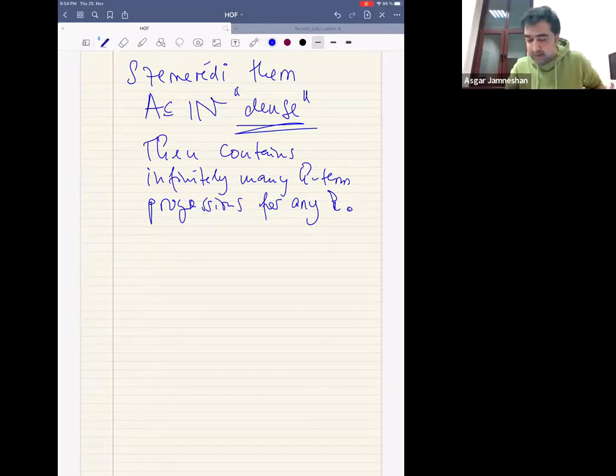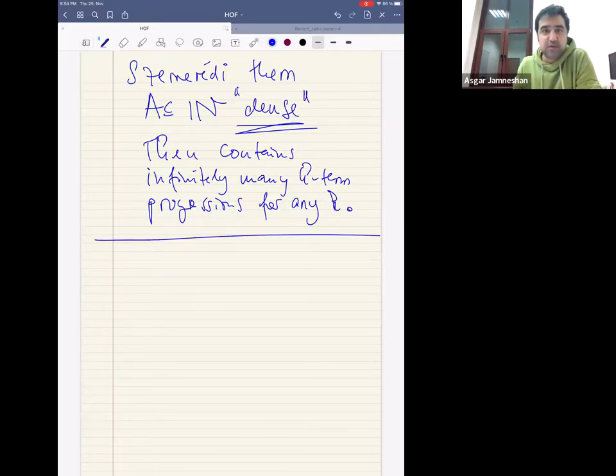So the question is: is this the end of the story? Did we now fully characterize all sets which have arithmetic structure? So we know that if we split the natural numbers into finitely many pieces, then there will be one piece which has arithmetic structure, and if we take sets which are very dense, they will contain arithmetic structure.